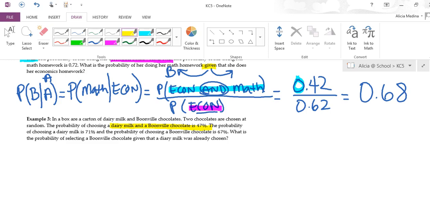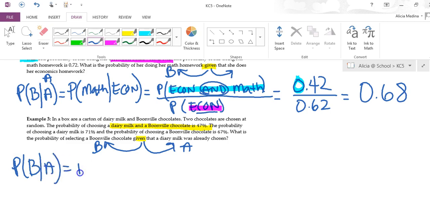So we see that given, right? We see that happening here. Again, what came before it is B, and what came after it is A. So the probability of B given A is going to be the probability of our Dairy Milk, I'm just going to abbreviate here, so dairy and Boonsville.